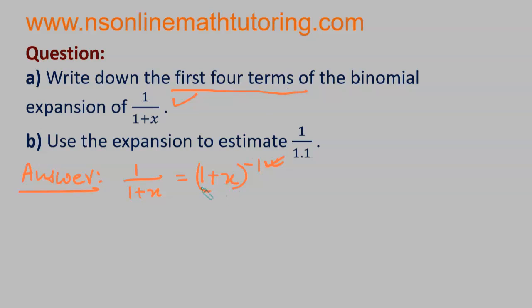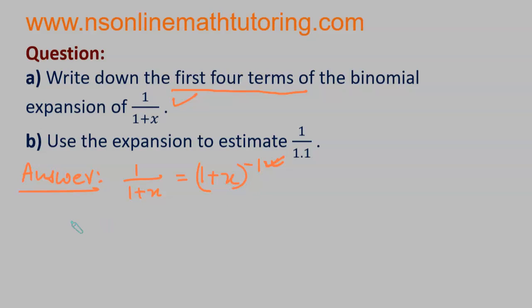Since a value is equal to 1, we do not have to do anything. We do not need 1 raised to the power of n, because 1 raised to the power of negative 1 is 1. Okay.